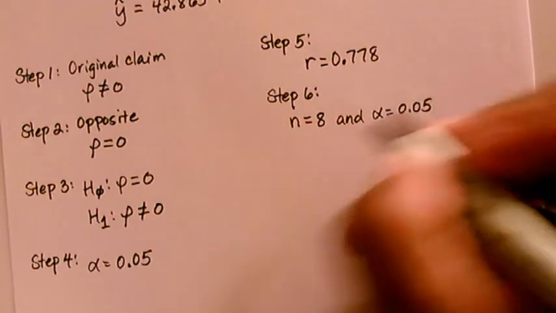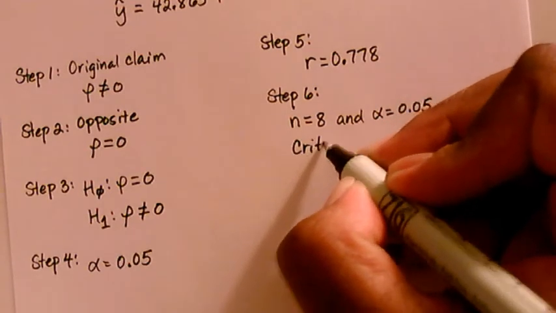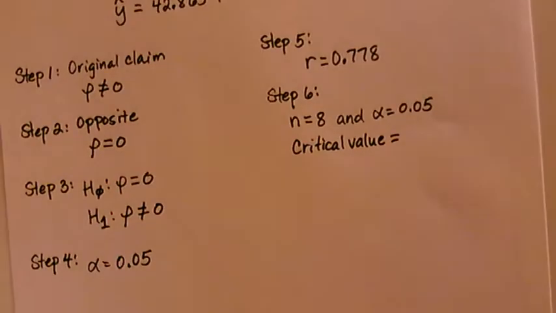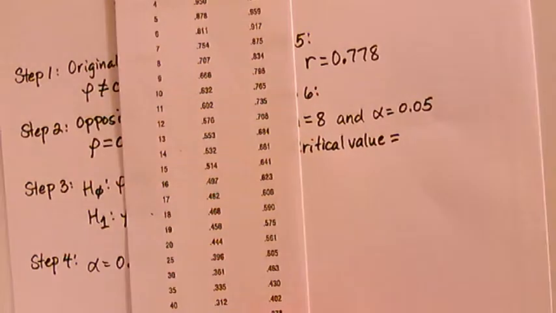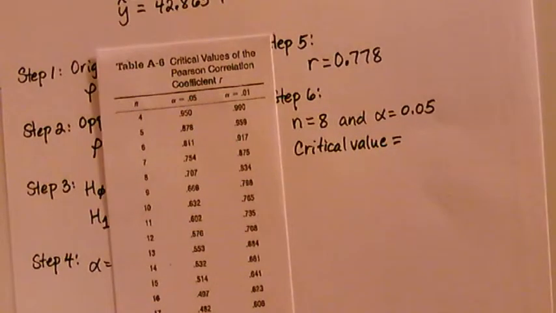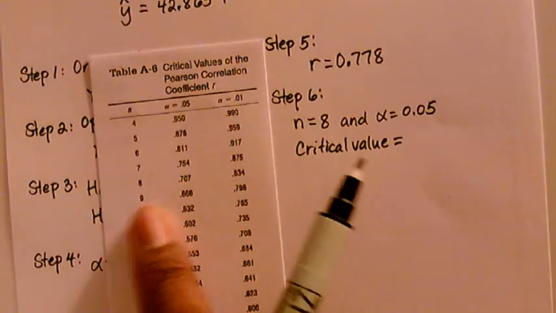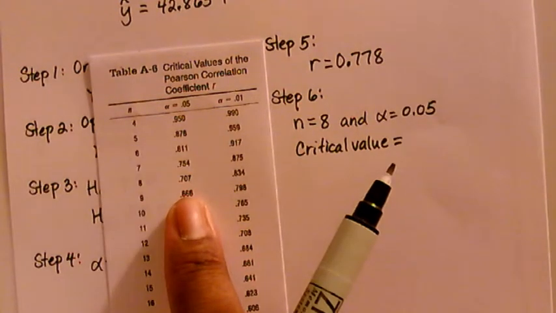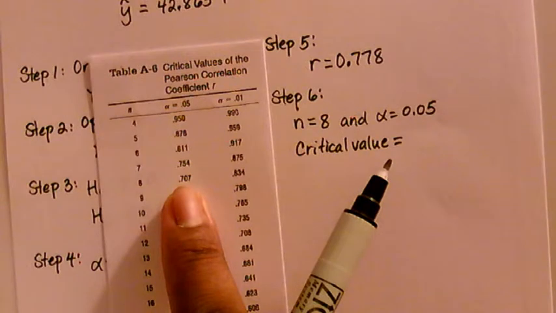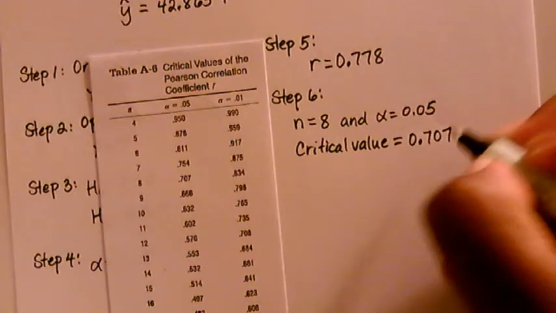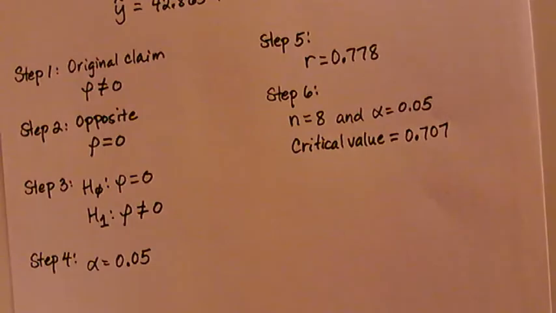Those are the only two we need to get our critical value. This is where we use the table for the critical values of the Pearson correlation coefficient R. So here we have 8 data values, and we're at the 0.05 level. That means that your critical value is going to be 0.707. So 0.707 represents your critical value.